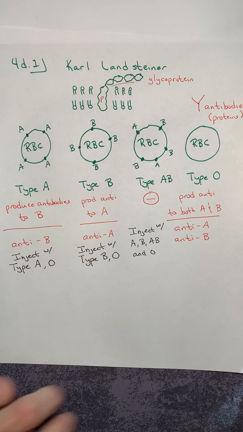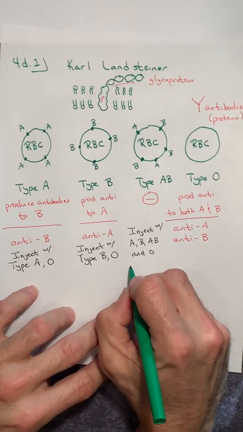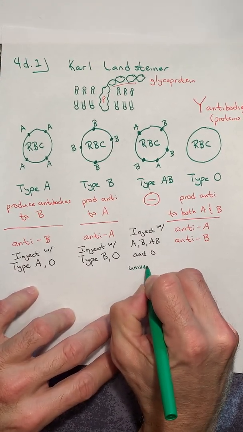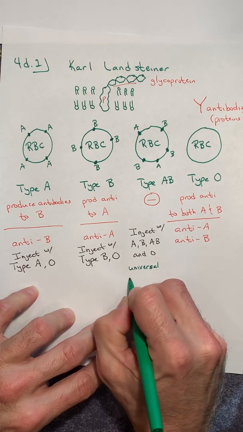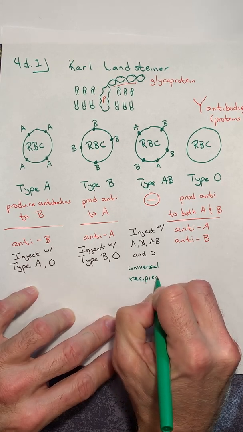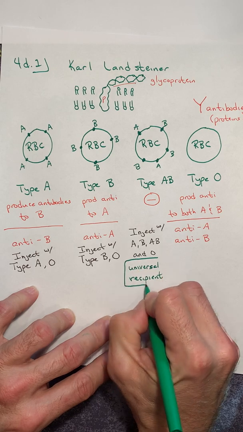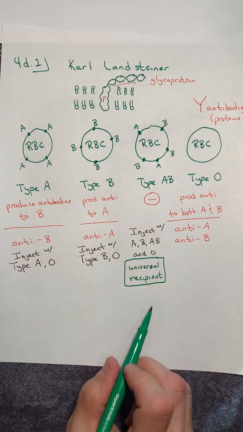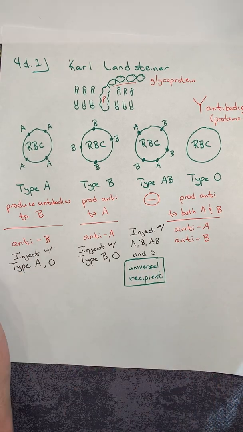This is why they are referred to as the universal recipient. They can receive any kind of blood. And there's a little bit more to that explanation.